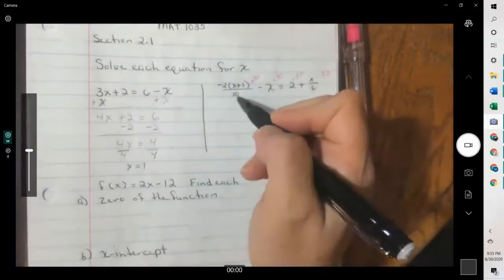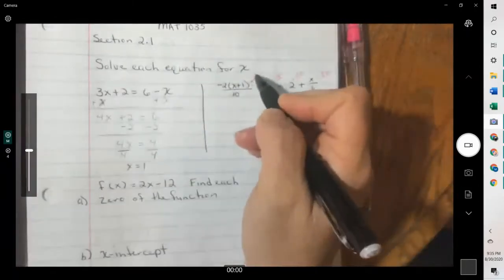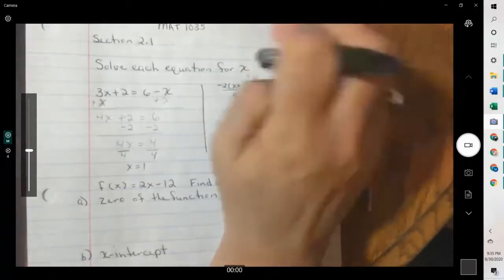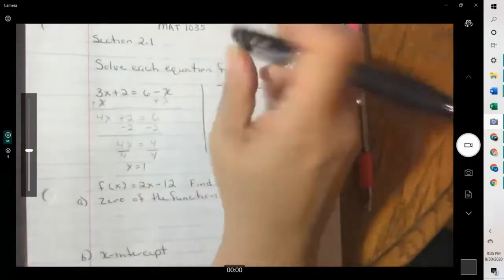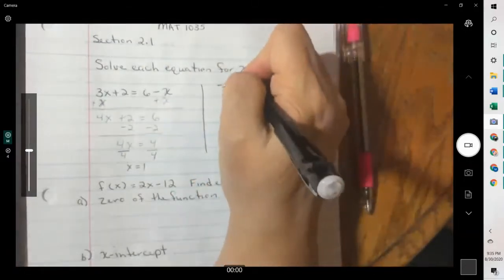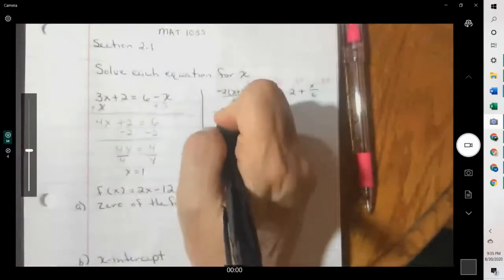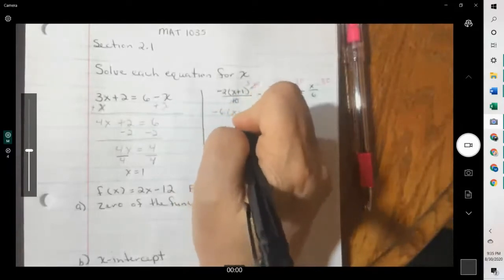So in the first one, the 10 goes into 30 3 times. And then 3 times a negative 2 is a negative 6, x plus 1.